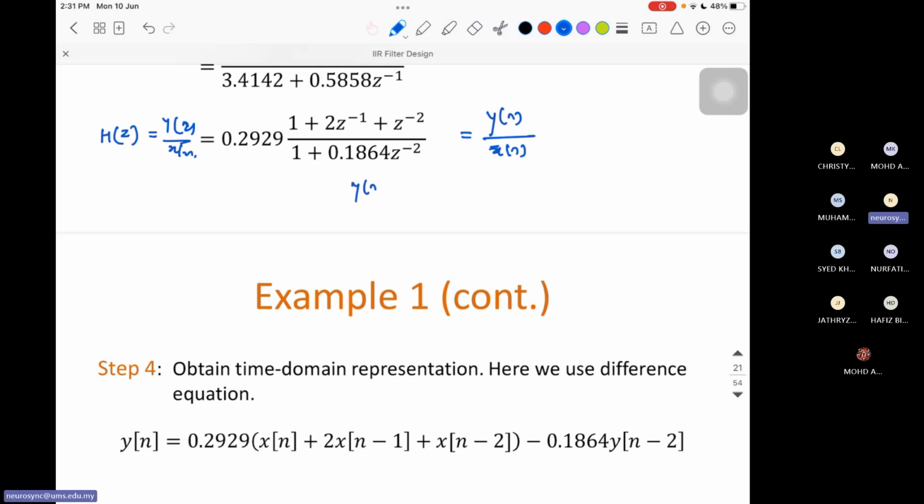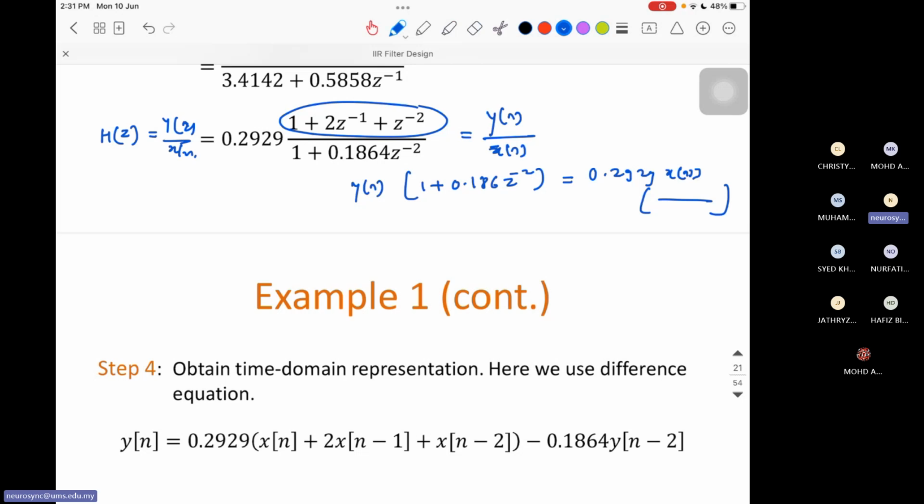So Y of n into 1 plus 0.186 z to the power minus 2 is equal to 0.2929 X of n into this whole term.